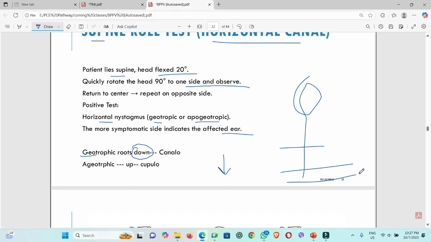Down, below the surface, below the walking surface. Canals are deeper than the road or the surface where we walk. So if you notice downbeating nystagmus, that is canalolithiasis. If you notice upbeating nystagmus, then it is cupulolithiasis.